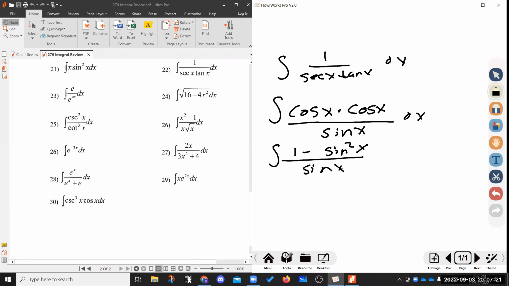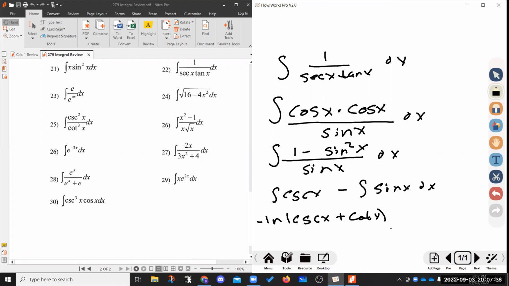I did this exact problem before, just a little bit ago, I think. This is cosecant minus sine. This is negative ln cosecant plus cotangent, minus a negative cosine, plus cosine plus c. It's just a different form of the problem we did earlier.